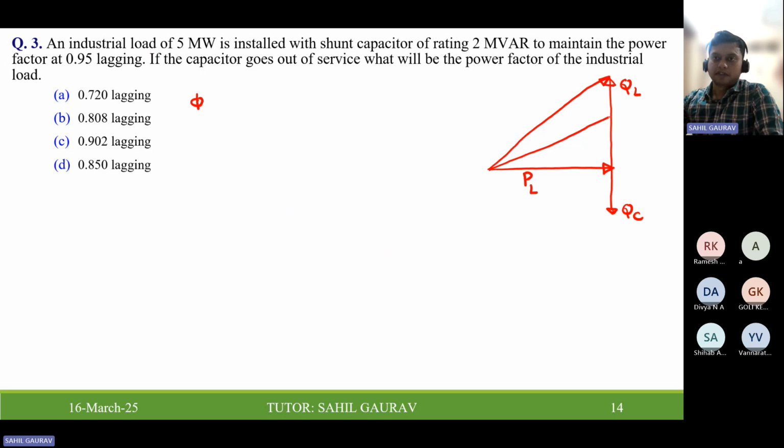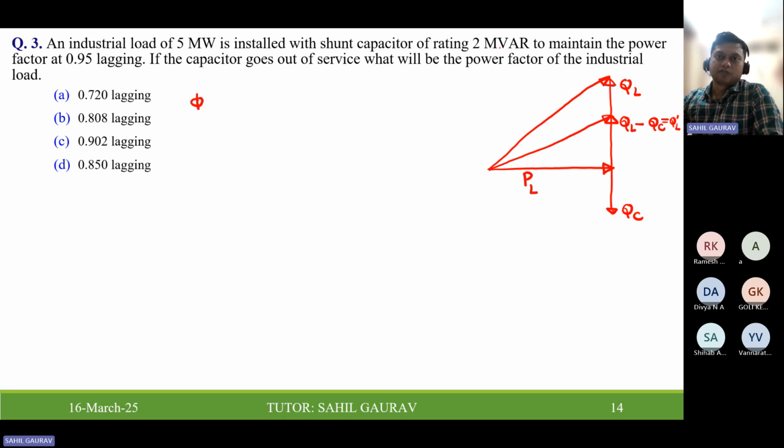The net reactive power demand of the load is QL minus QC, which we can write as QL dash.